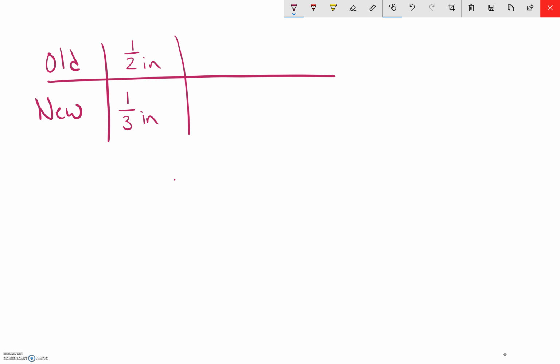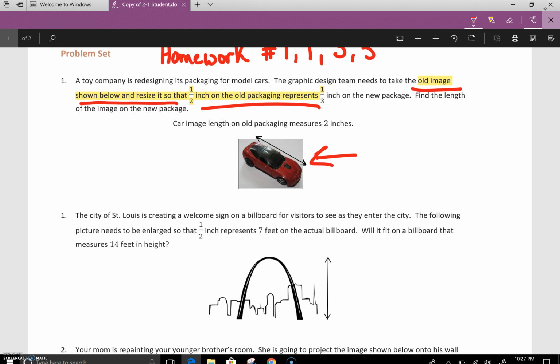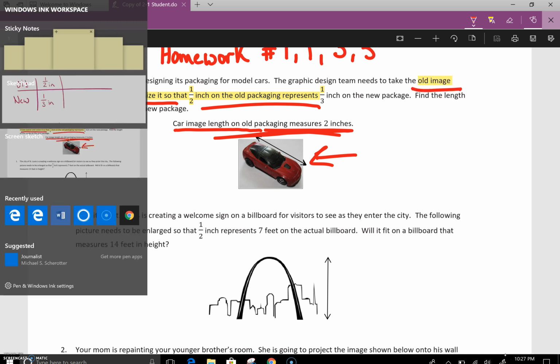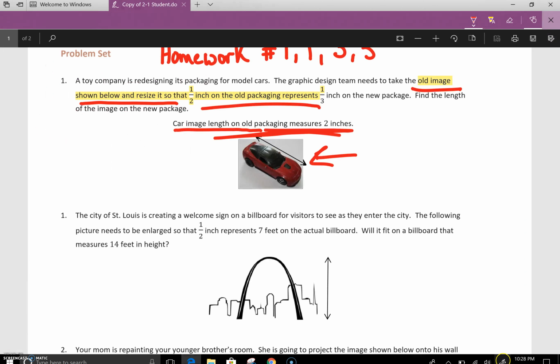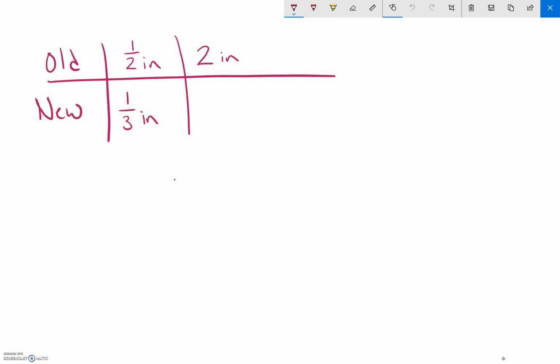So let's take a look at that image. And it says car image length on old packaging measures 2 inches. So the old package is 2 inches. And we want to know how much packaging will be used on the new package. So here's our missing number.